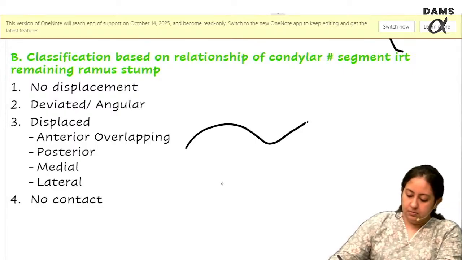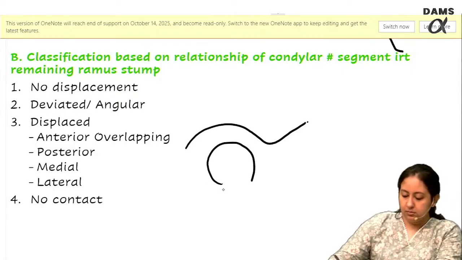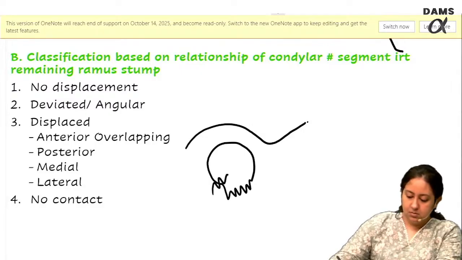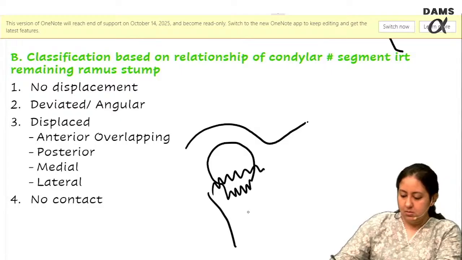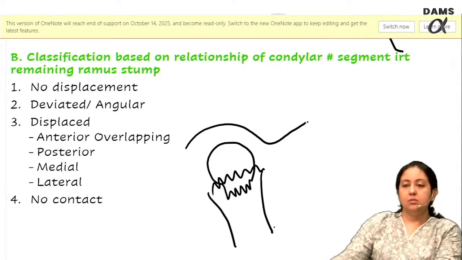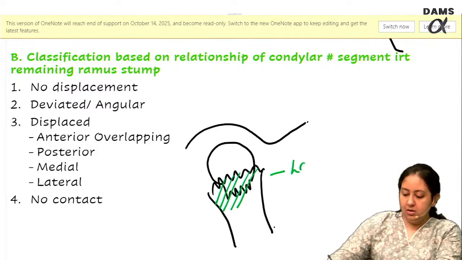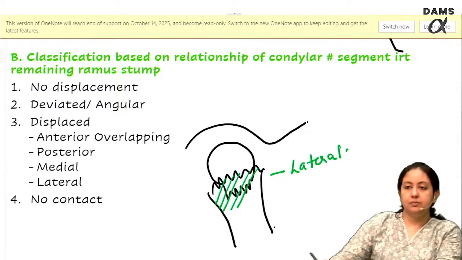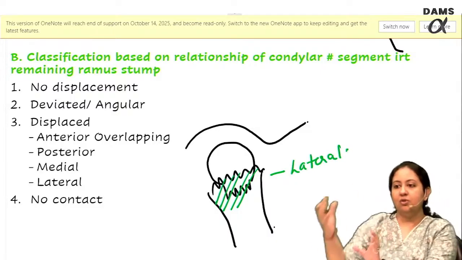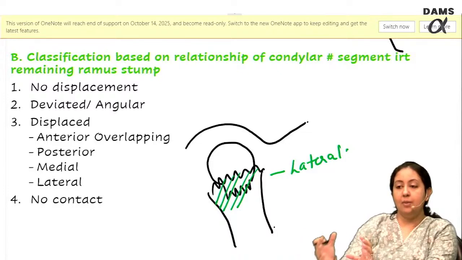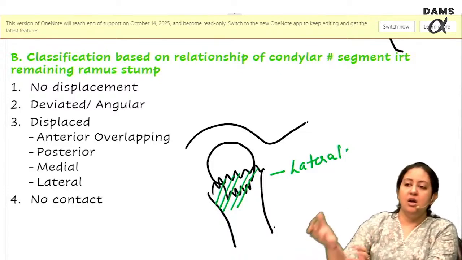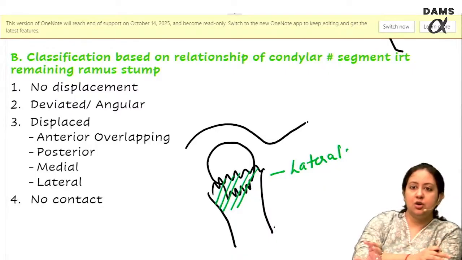Okay, this portion where it is overlapping, this can be a lateral overlap. If it is overlapping anteriorly, it will be an anterior overlap or anteriorly displaced fracture. If it is posterior, it will be posterior overlapping or a posteriorly displaced fracture.